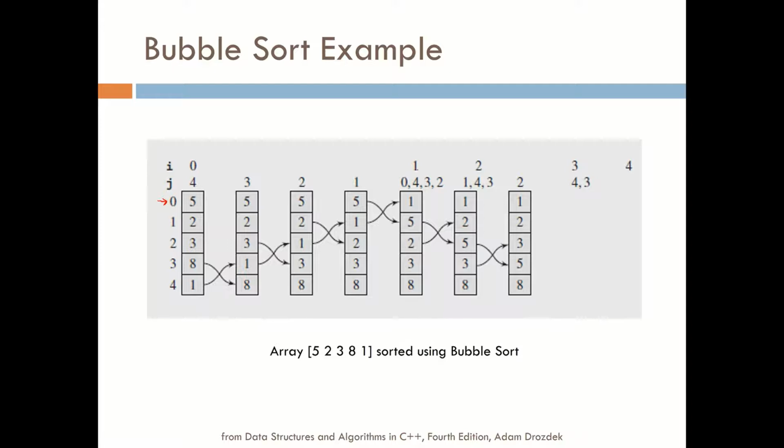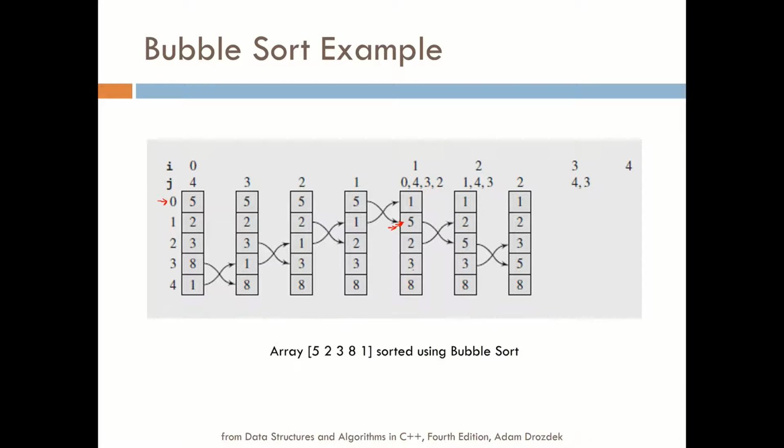We then increment i, which is the top value. We increment i to 1, which means we're trying to position the element here at this location. Let me make that more clear. At this location. And so what do we do? We move all the way to the end of the table.